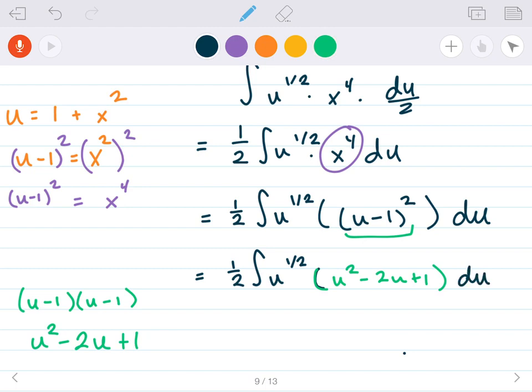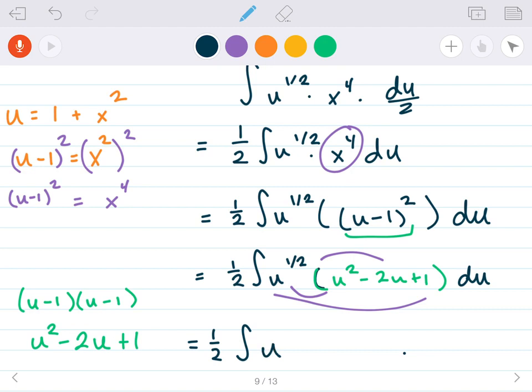And from here, what I can do is distribute this guy in there. Let's do that. I know this is a pain, but it's okay. Now keep in mind, guys, when you multiply common bases, you keep the base and add the exponents.